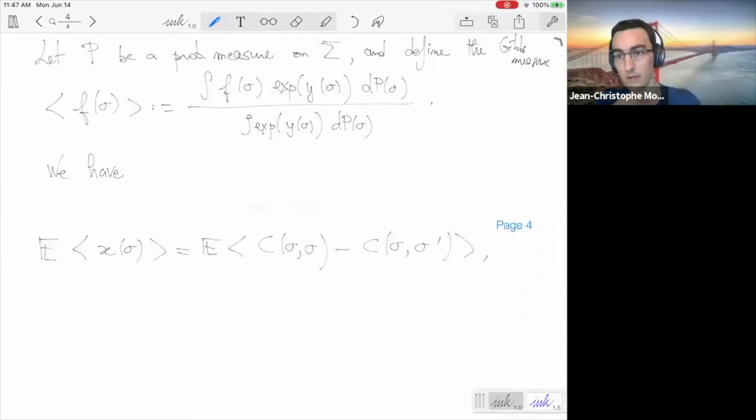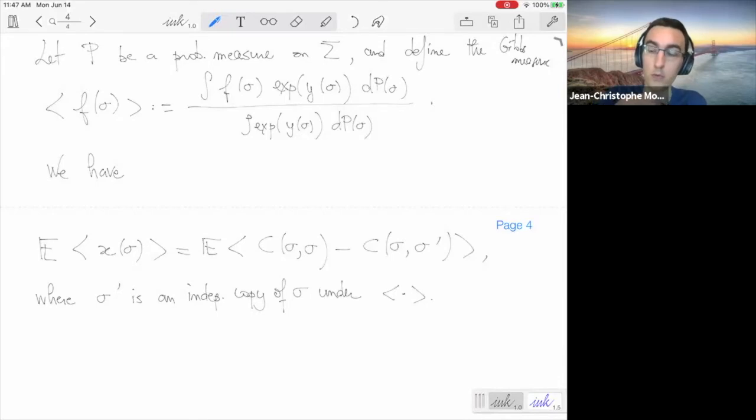A replica, as it's called. And I claim that the proof is very similar to the one we did last week when we were dealing with statistical inference.